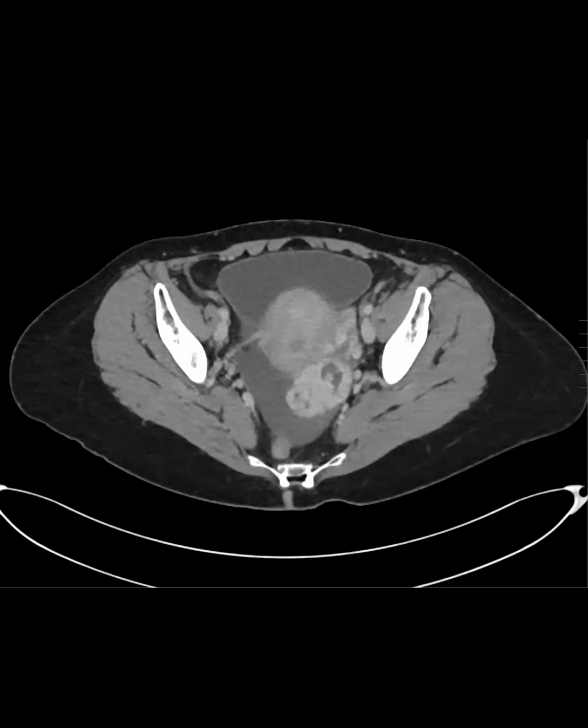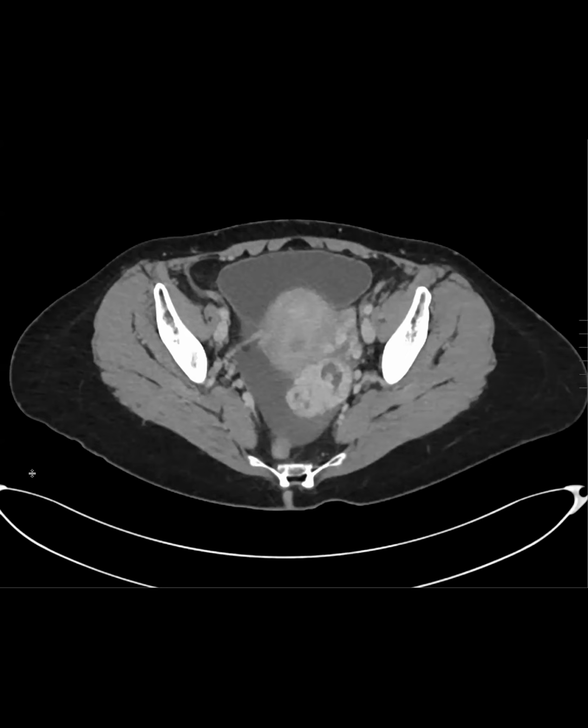So struma ovarii tumor, 10% of cystic teratomas are struma ovarii tumors, and I found out that in order to qualify as struma ovarii tumors, it has to have at least 50% thyroid tissue in the specimen. And patients can show signs of thyroid toxicosis because of the thyroid tissue.